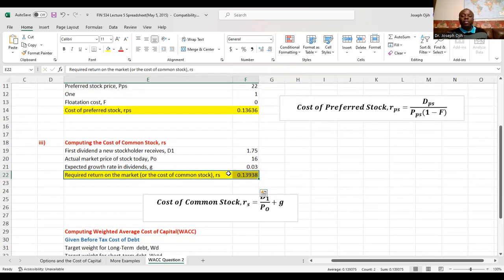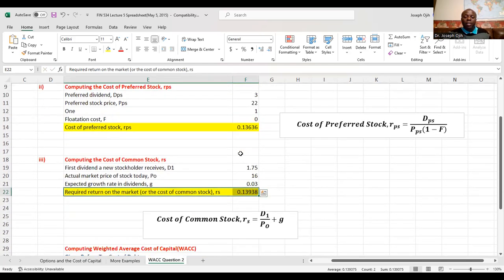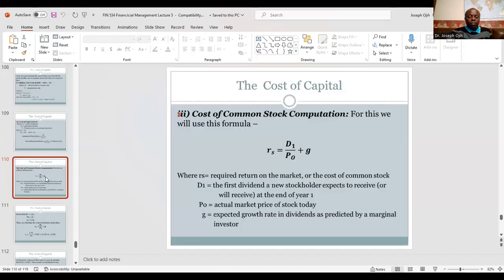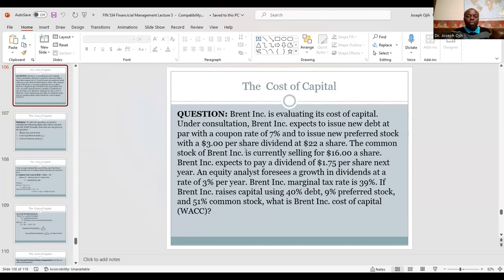So now we have the three items we need for the calculation. Now we can go and put them in here. But starting from the very beginning, from the other input they give us, it says here for this company, I have all the inputs right here.